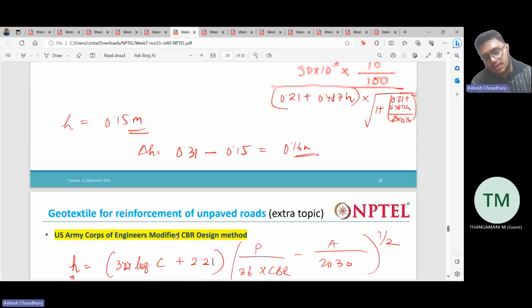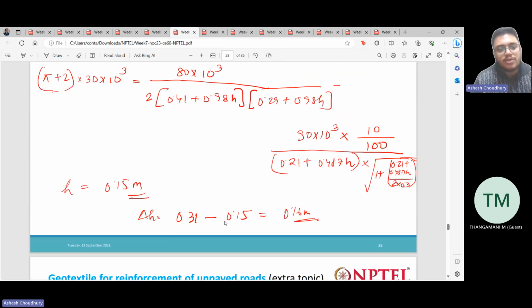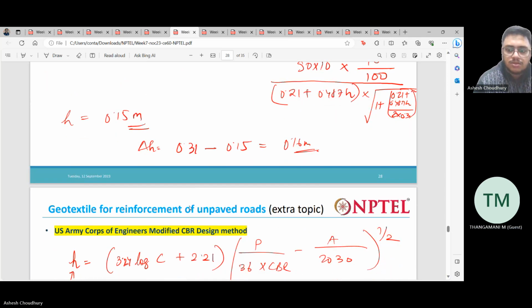But if we use a geotextile reinforcement, we can reduce that thickness by 50%, in fact by more than 50%. That actually aids in huge saving of cost.